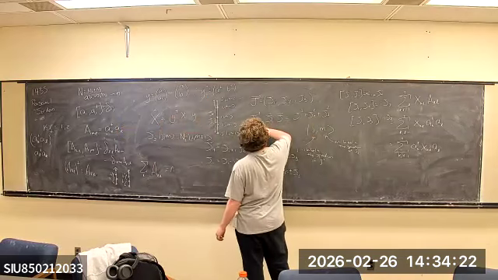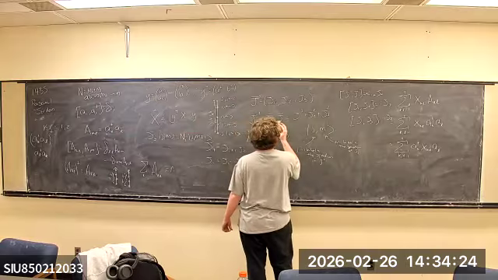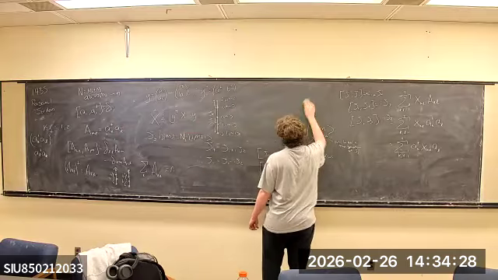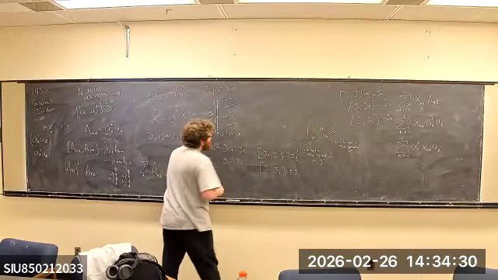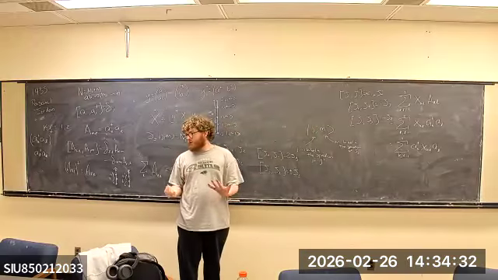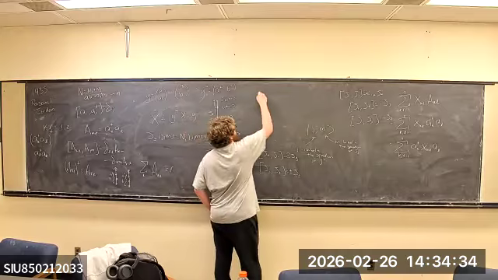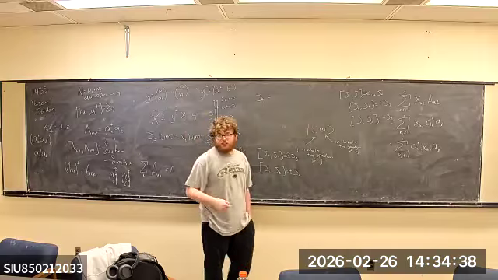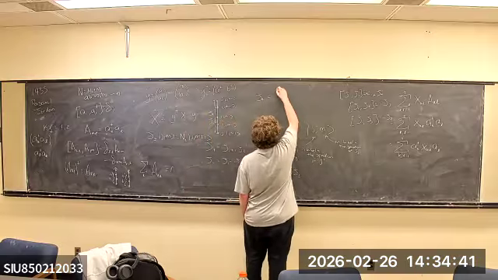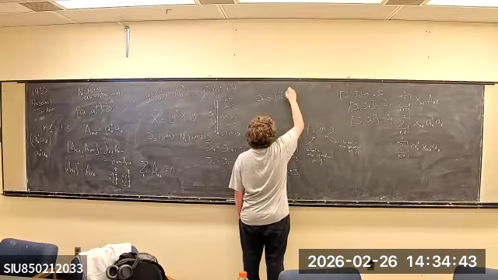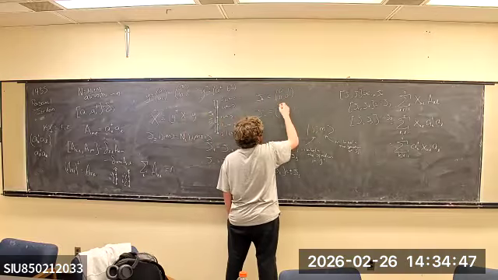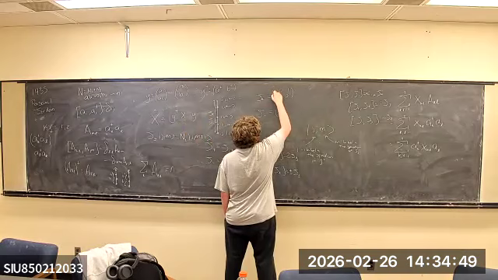So specifically, let me do it here. I have matrix representations of these operators. J plus has its own matrix representation in this basis: 0, 1, 0, 0. J minus has its representation, there's a 1/2 here.